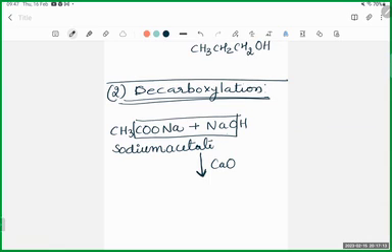Now count how many sodium: 2, so we write Na2. Carbon 1, oxygen 1, 2, 3, so we write CO3. Now you can see the loss of CO2, which comes in the form of carbonate salt. So we call this the decarboxylation reaction. Are you able to understand, Hridaya?